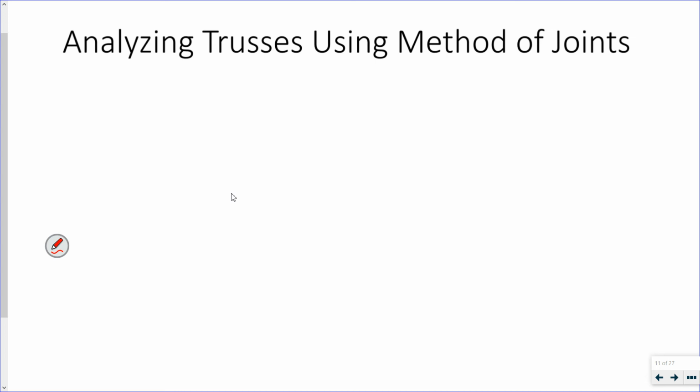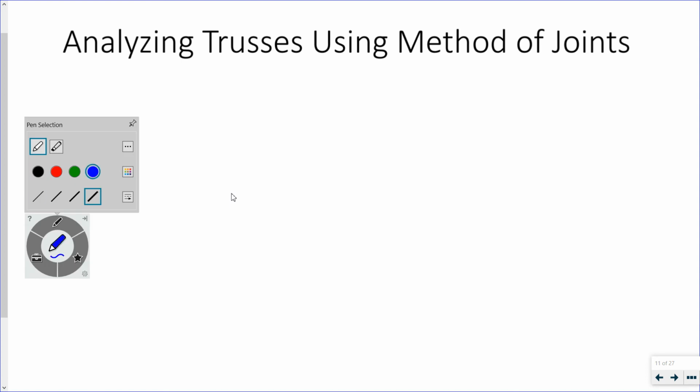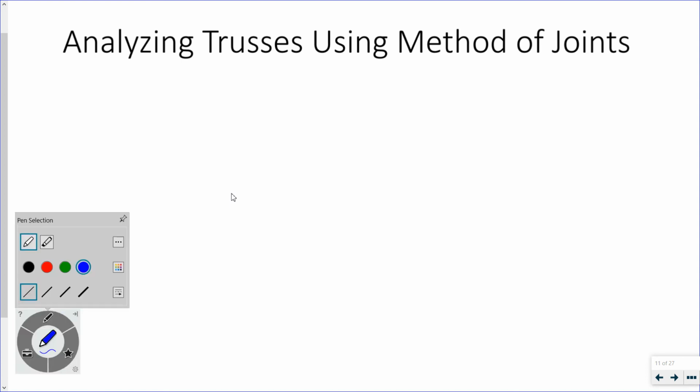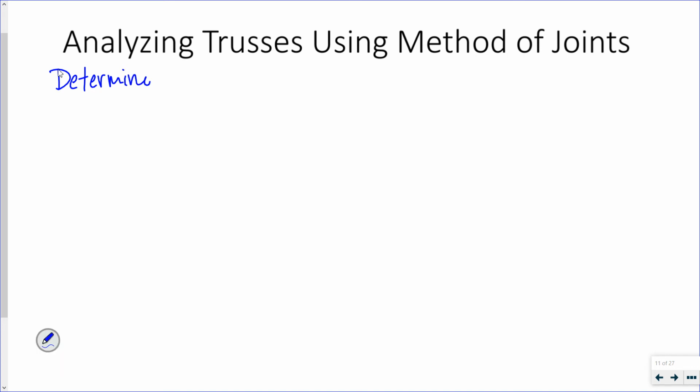There are two different methods to analyzing trusses. One is the method of joints, and one is the method of sections. So the method of joints is if you determine your member forces and reactions only by looking at each individual joint.